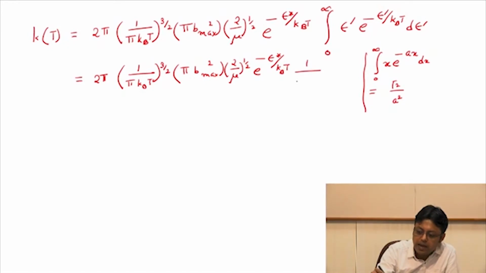So the a was 1 by kBt, that squared. So it is nothing but kBt squared.